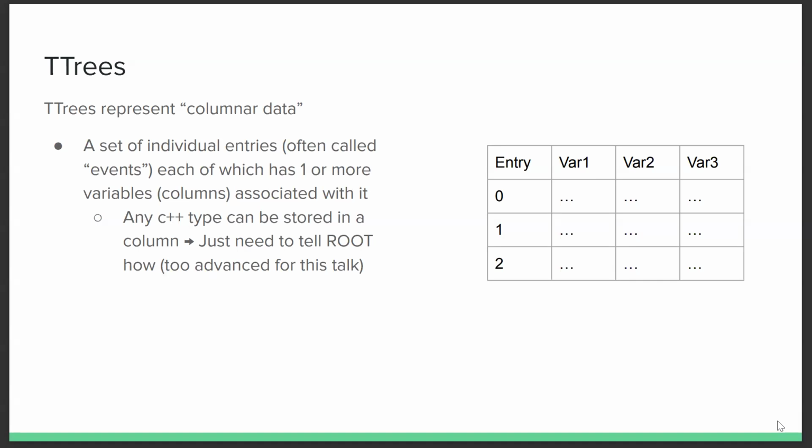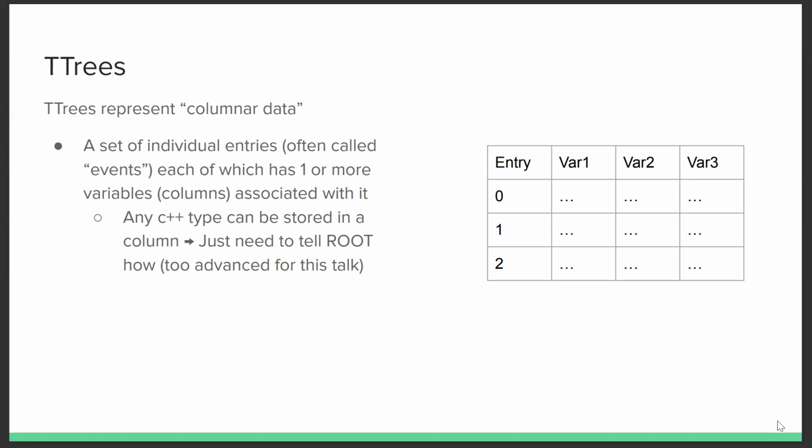And within ROOT, any C++ type can be stored in a column, and ROOT just needs to know what the structure of that class is. So for DUNE's current processing framework, we use lots of complicated C++ classes that are actually stored within files. We just have to give ROOT the instructions on how those are structured.